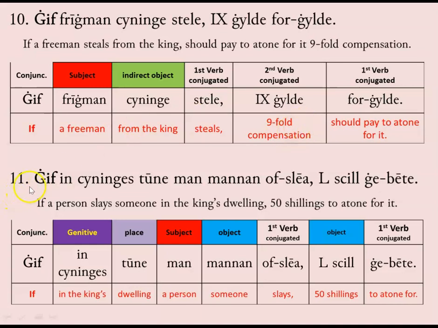Okay, law number 11. Yif in kuningas tune man mannen ofslea, 50 shil gebete. The shil there, in the dictionaries, it's shilling. Apparently, this is just written shil and meant to represent plural, 50 shillings. So maybe it was understood at that time that simply saying 50 shil meant 50 shillings.